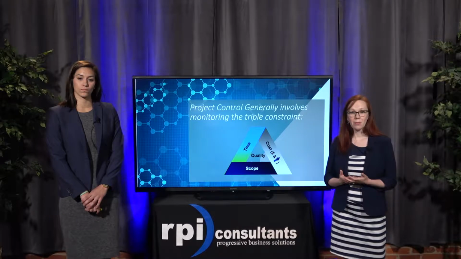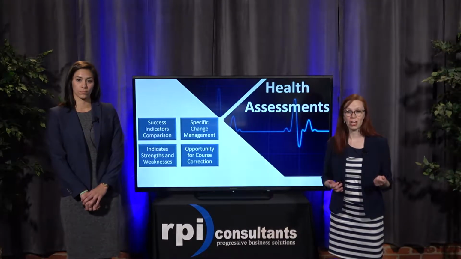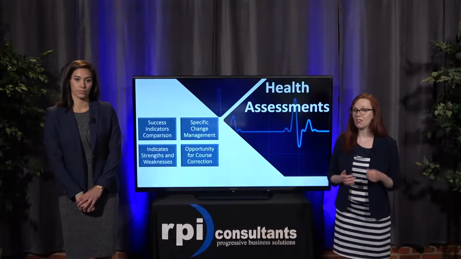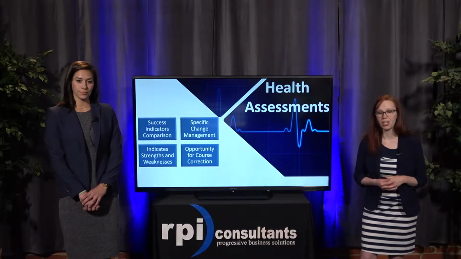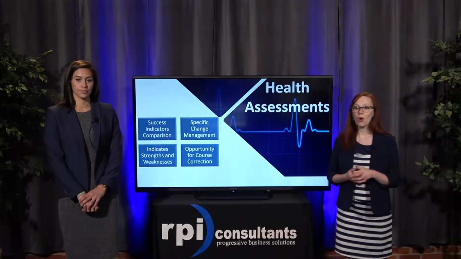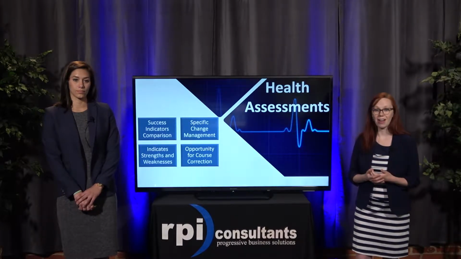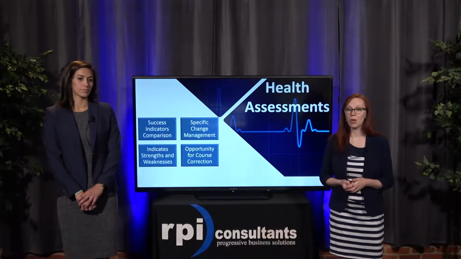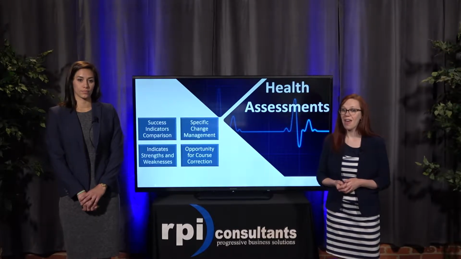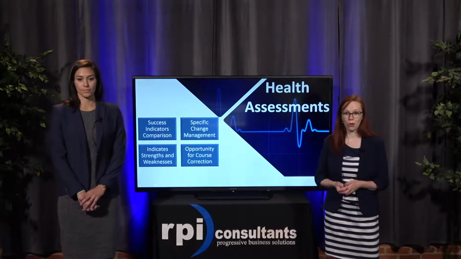So what we've developed is this health assessment that periodically throughout the project looks at those different areas and helps you catch these problems before you're running over budget or behind schedule. So with a health assessment, we like to focus on factors that we've identified as part of successful implementations. We call these success indicators. And we take those success indicators and compare them to your current project.